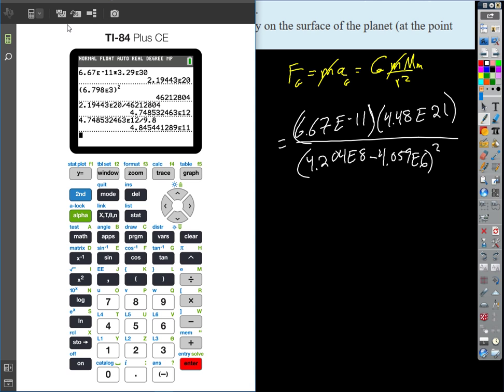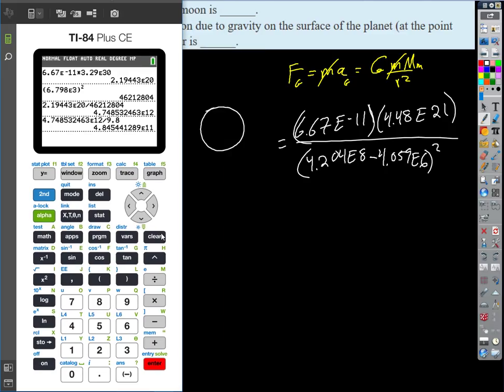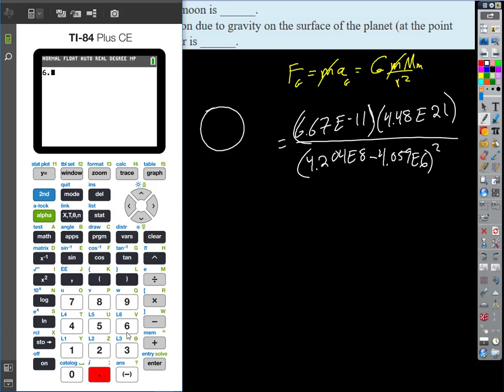So 6.67 E negative 11 times the mass of the moon. So there's the numerator, right? Now let's calculate the denominator.